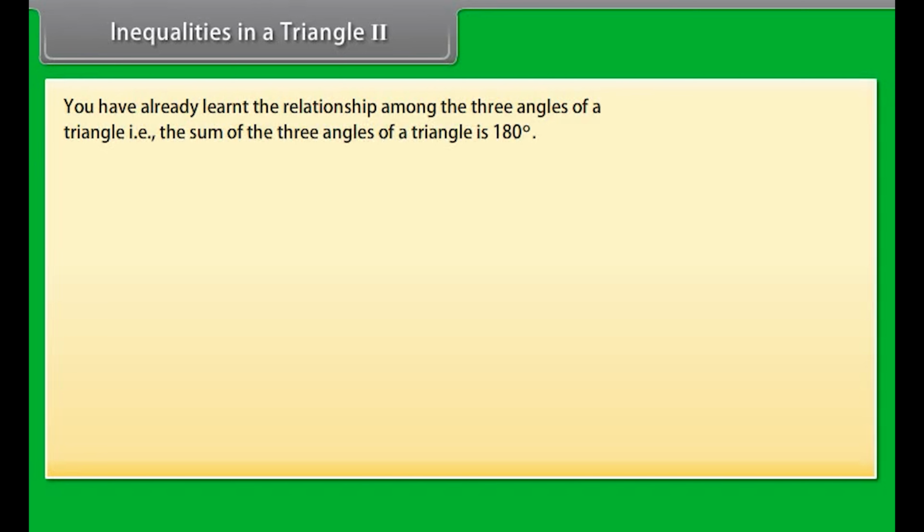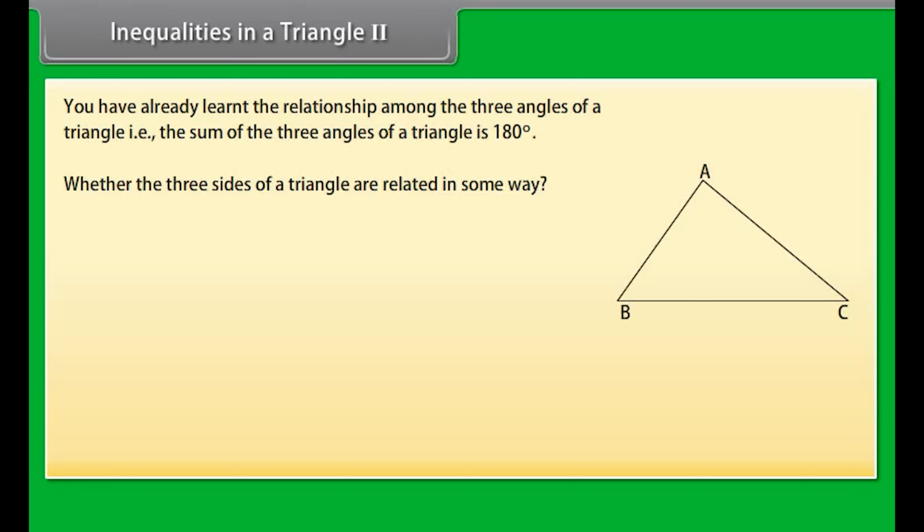You have already learned the relationship among the three angles of a triangle, that is, the sum of the three angles of a triangle is 180 degrees. We shall now study whether the three sides of a triangle are related in some way. Draw a triangle ABC. Measure its three sides AB, BC and CA.